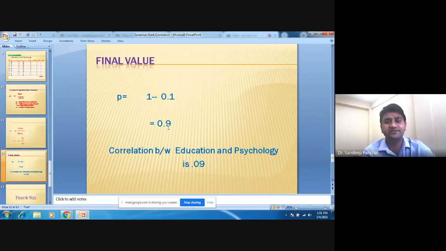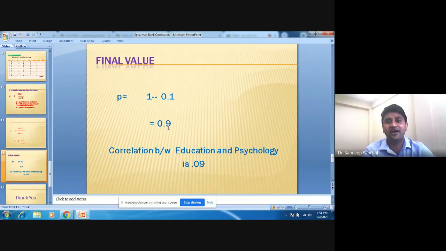What does it mean? It means there is a positive relationship between the ranks of psychology students and the ranks of education students. They are going in the same direction. They are going monotonically, because both are increasing in the same direction.